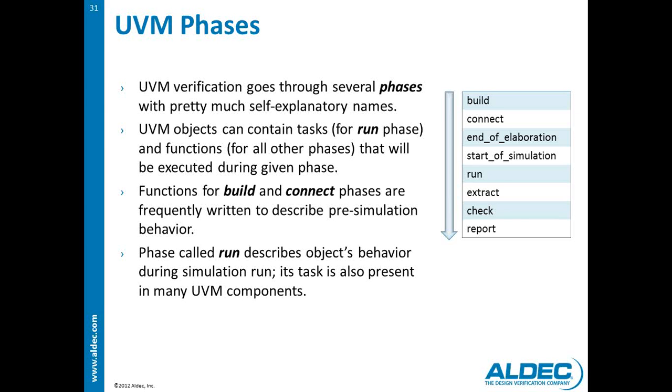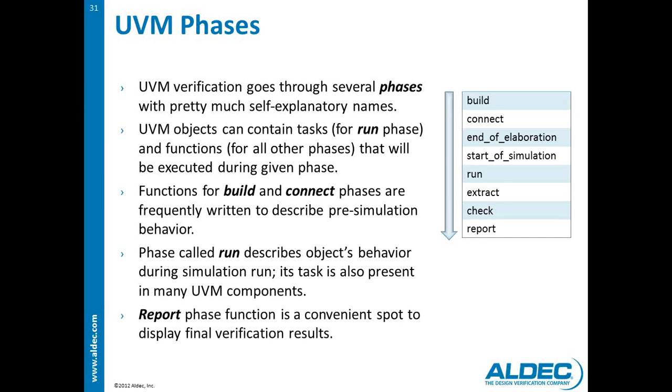And of course, the phase called run is definitely critical, because if your test is supposed to do something, it will be mainly doing it in run tasks. So again, build, connect, run are staple subroutines that you will be creating.